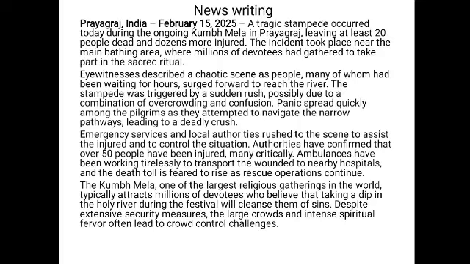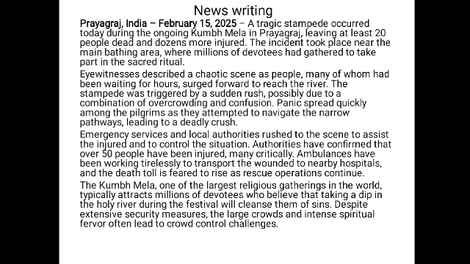A tragic stampede occurred today during the ongoing Kumbh Mela in Prayagraj, leaving at least 20 people dead and dozens more injured. The incident took place near the main bathing area where millions of devotees had gathered to take part in the sacred ritual.